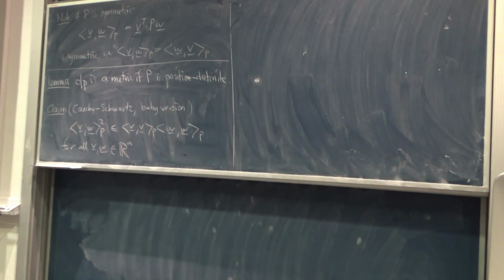We've got our fixed positive definite matrix P. We take two vectors V and W, and then claim, I mean, these are both real numbers. In the full Cauchy-Schwarz, we have to worry about complex numbers, so there are absolute values around, but at the moment we're talking entirely about real numbers, and we just claim this inequality.